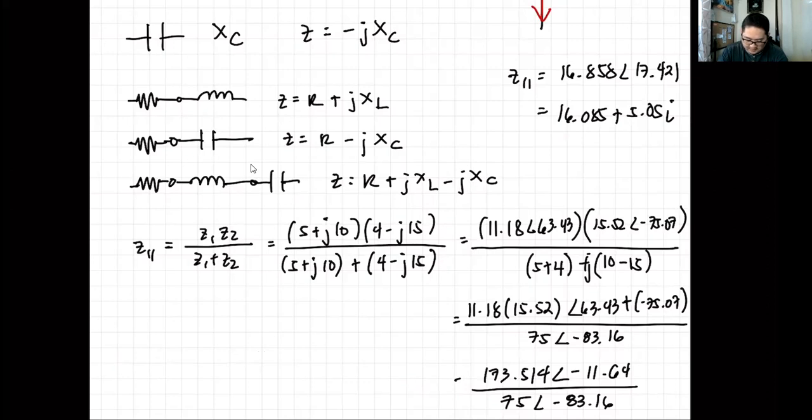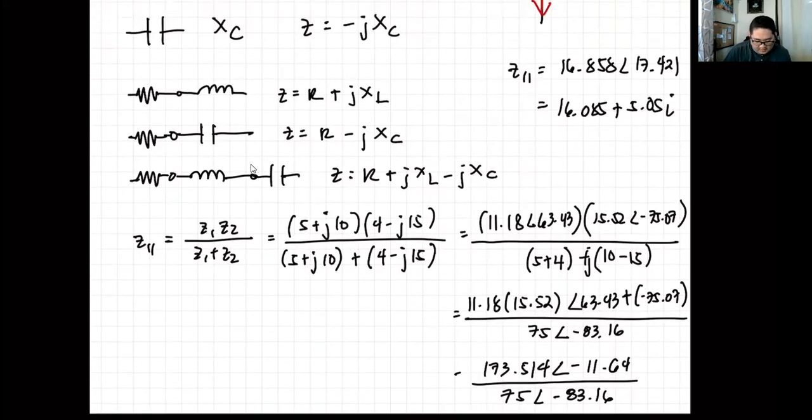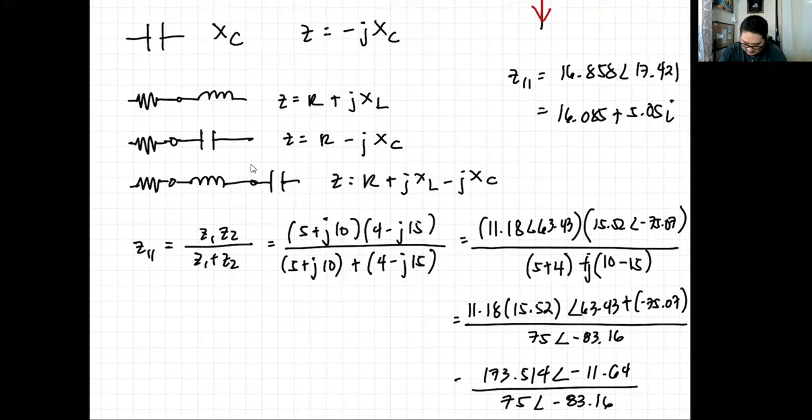Pero dapat, alam ko na kung saan ako nagkamali dito. 11.18 times 15.52. 173 divide. We have 9 minus 5i, convert sa complex. So, ayan. Ulitin ko lang to, no?